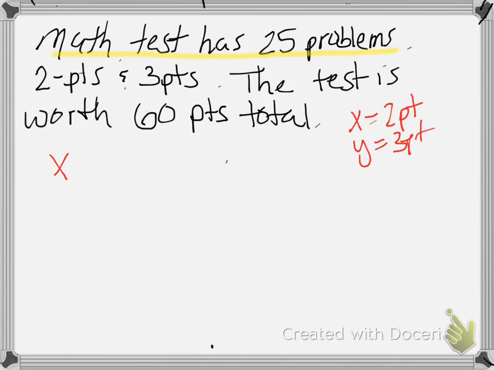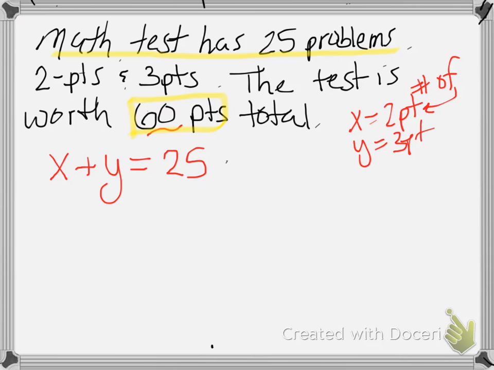So the number of 2-point problems plus the number of 3-point problems has to equal 25 problems.